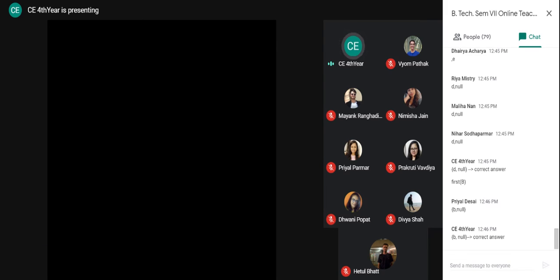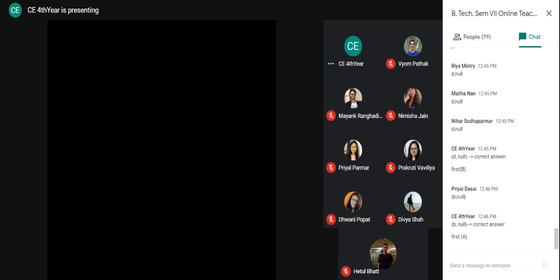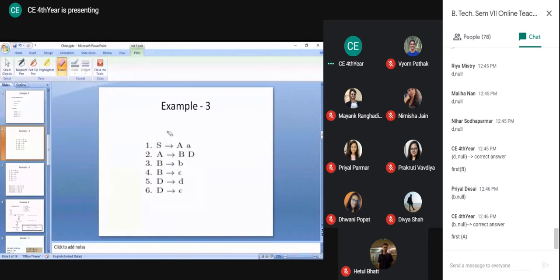Now, first of A. What will be in the first of non-terminal A? First of A is equal to first of BD. Now you can see here, from B we are getting null.